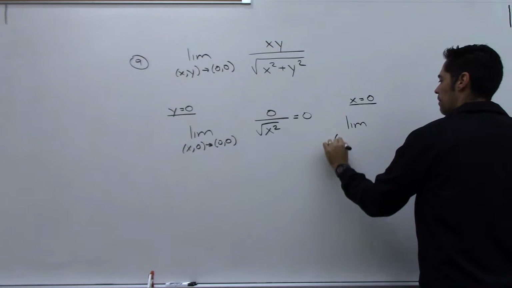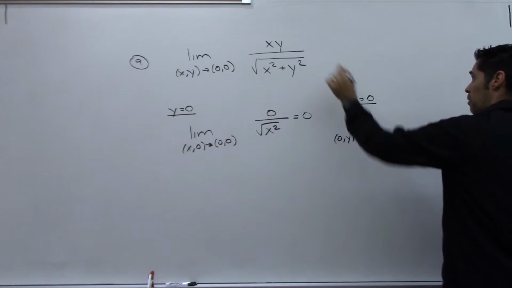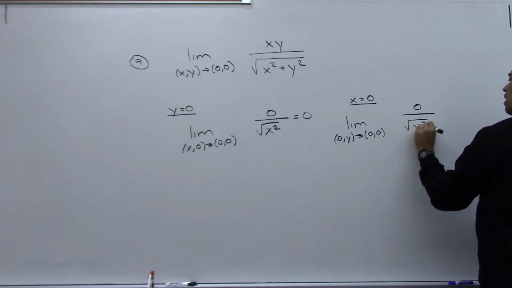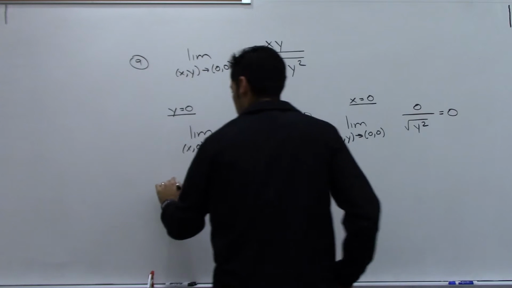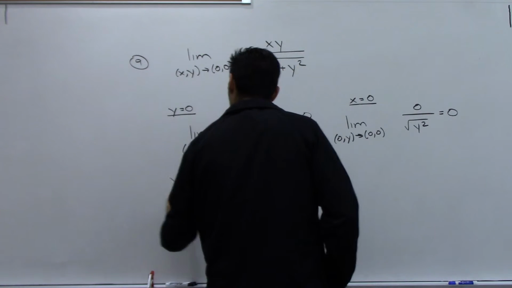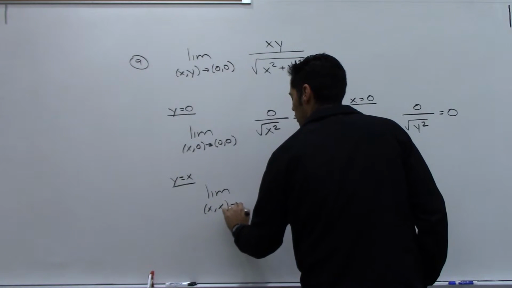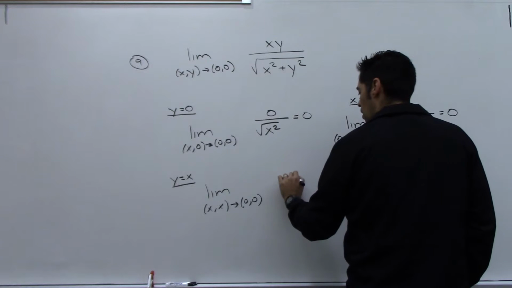Let's try it along x equals 0. We get the limit as 0,y approaches 0, 0. Replace x with 0, we get 0 over square root y squared. That again is 0. Let's try the diagonal, y equals x. Limit as x,x approaches 0, 0. So replace all your y's with x's.